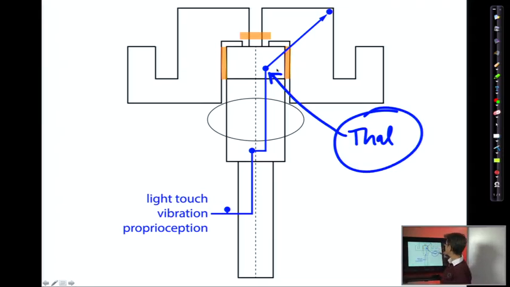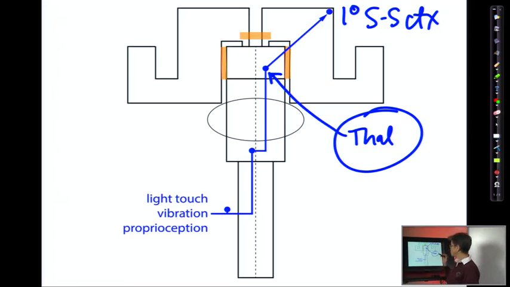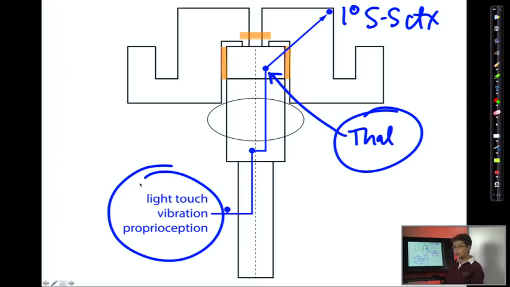So we go from there to a part of the cerebral cortex called the primary somatosensory cortex. There are a few really important points here. One is that the information starts and ends on a different side.